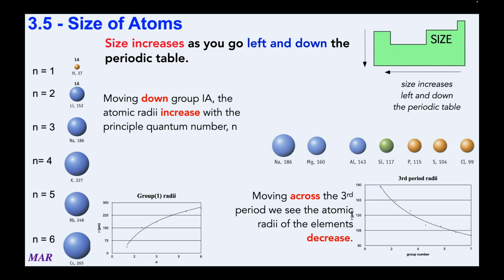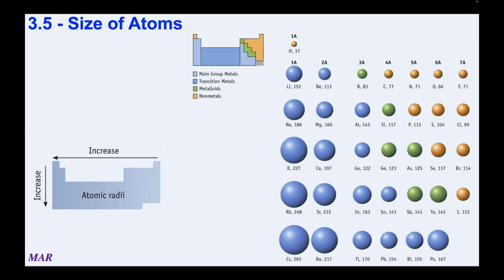You would say sodium, because sodium is more left on the periodic table than magnesium is. And if I asked you which atom was bigger, rubidium (Rb) or sodium (Na), you would say rubidium, because that's more down on the periodic table. And if you know that, that's pretty awesome. That's all we need to worry about.